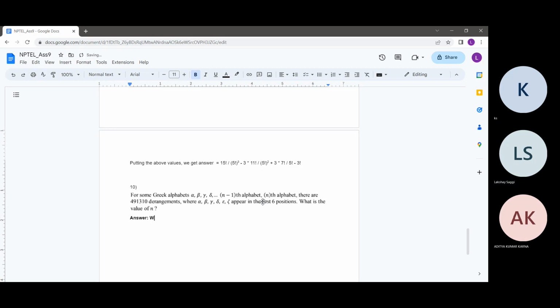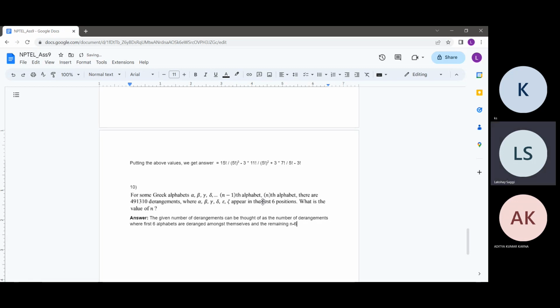So the given number of derangements can be thought of as the number of derangements where six alphabets are deranged amongst themselves and the remaining n minus 6 alphabets are deranged amongst themselves.